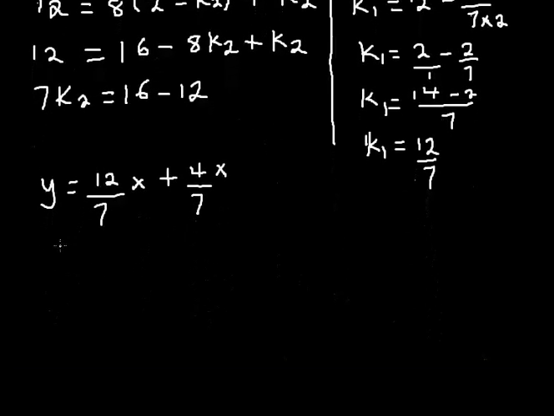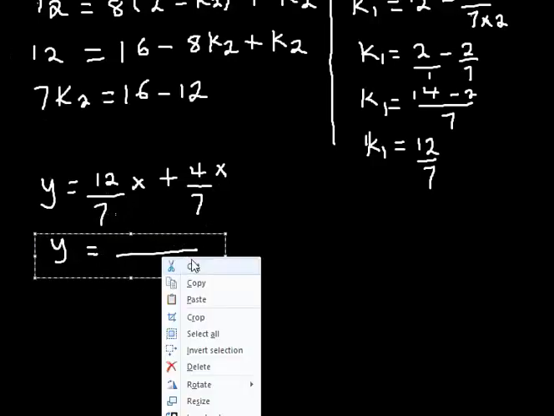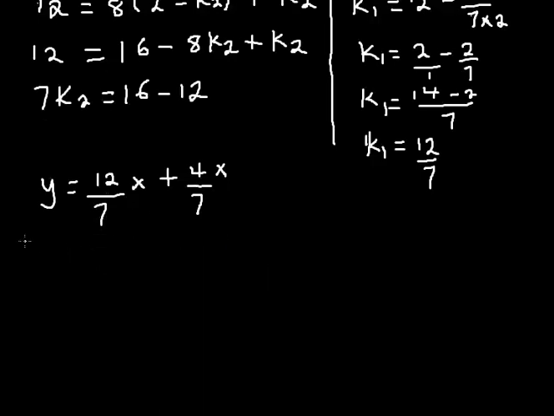If we should simplify the LCM of this fraction, or better still, I multiply through everything by 7. All right, so I'm going to have 7y equal to 7 times 12 all over 7. 7 cancels 7 now. I have 12x, then plus, the same thing happens here, 4 times the square root of x.